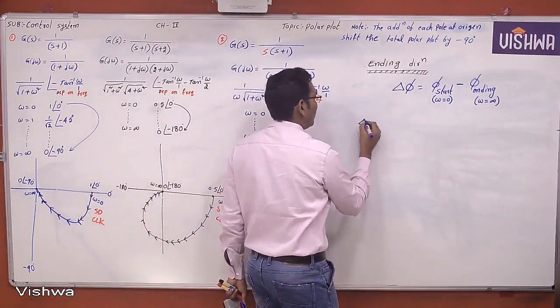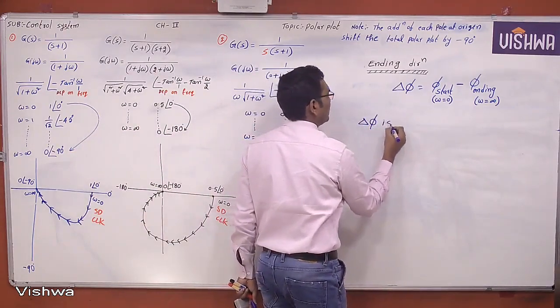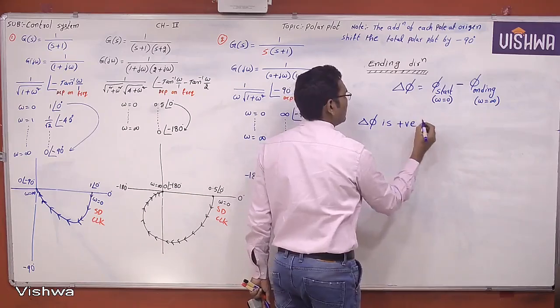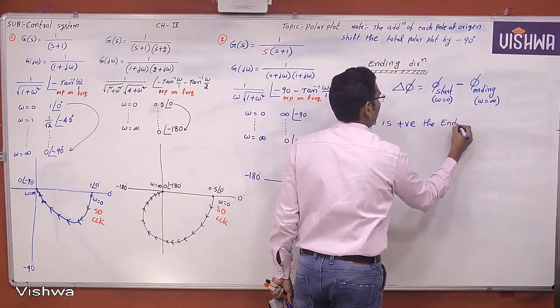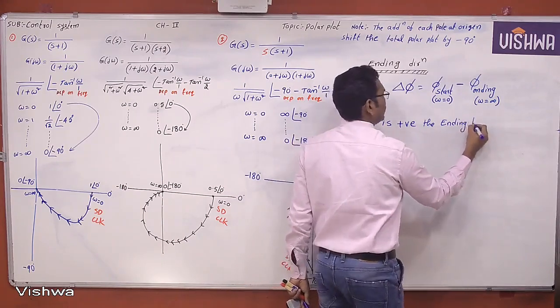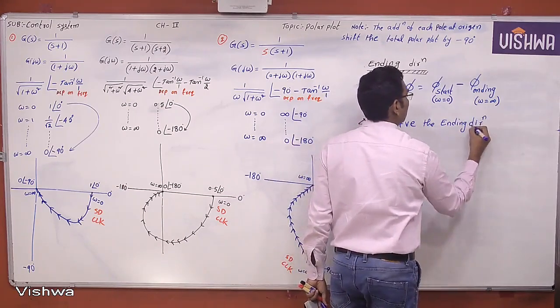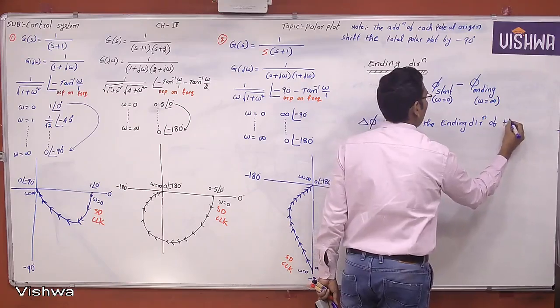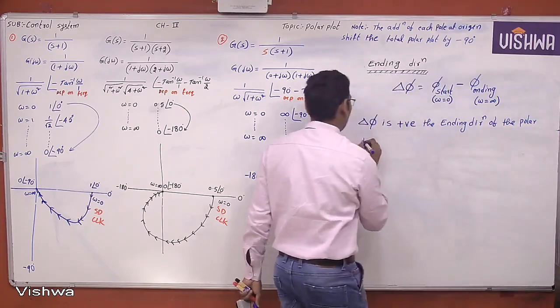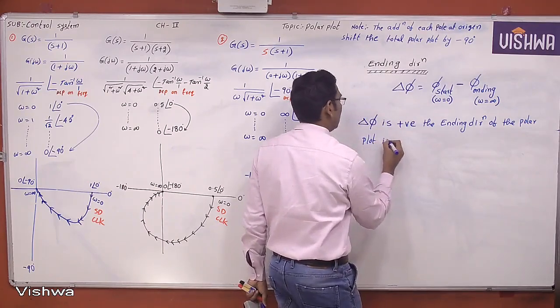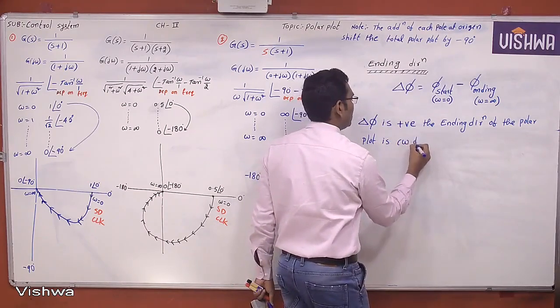Now if this phase difference is positive, the ending direction of the polar plot is clockwise.